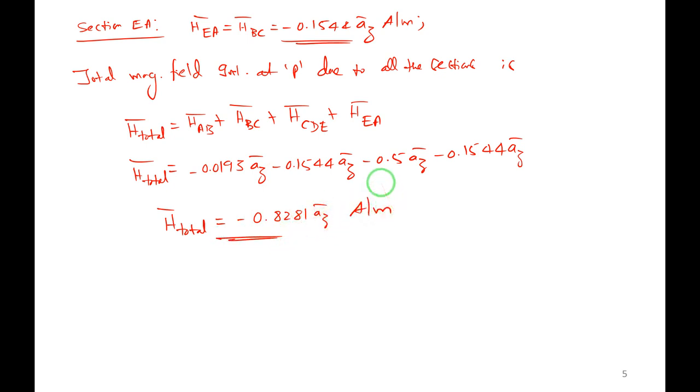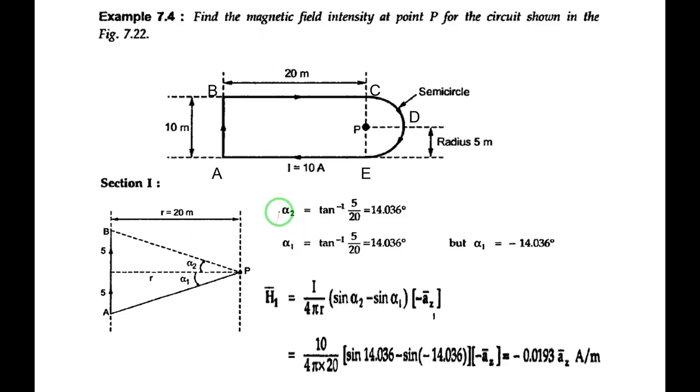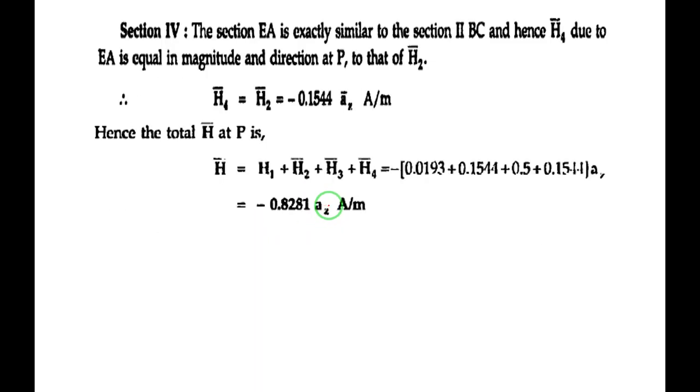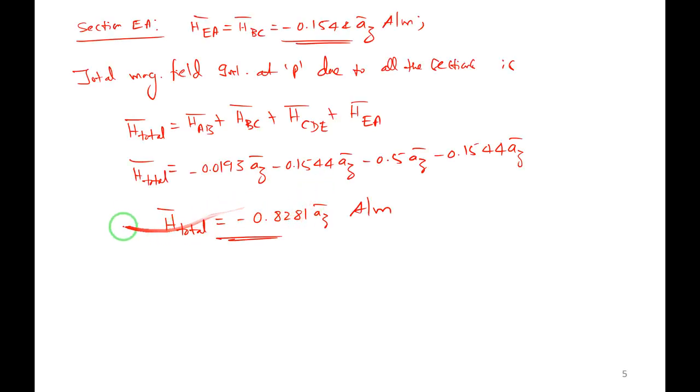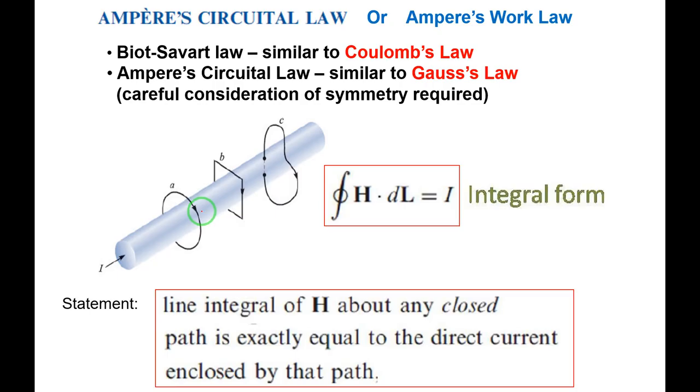Okay, let us verify this solution. Is it fine? Minus 0.8281. Already I have the solution here. 0.8281 AZ ampere per meter. Yes. If any doubts are there, you can unmute yourself and talk to me.